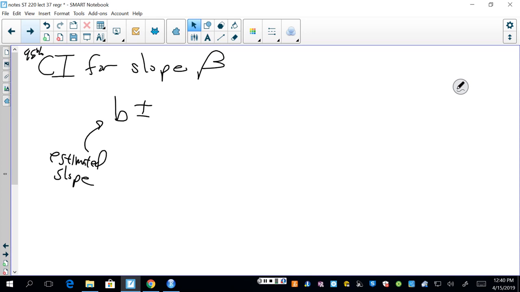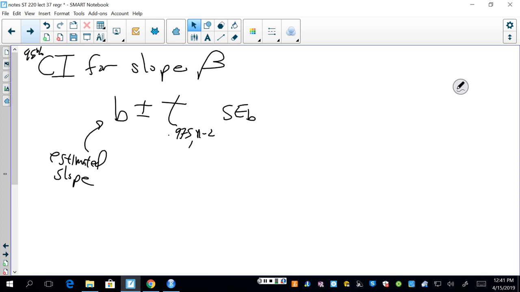And it's going to have a t-distribution. The upper 97.5 percentile with n minus 2 degrees of freedom, and then a standard error of this. So we're going to do b plus or minus a t-value times its standard error.